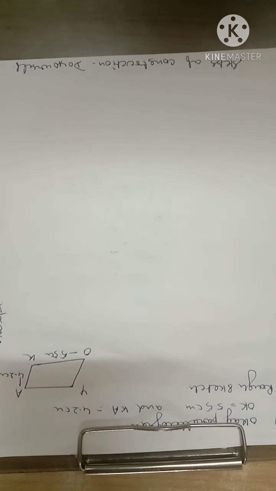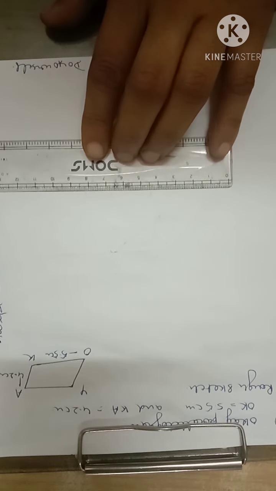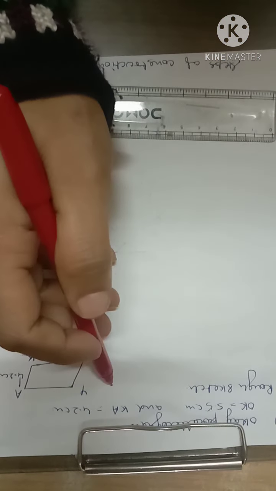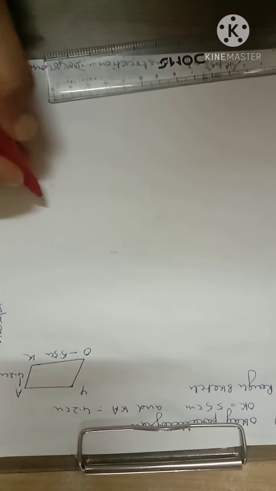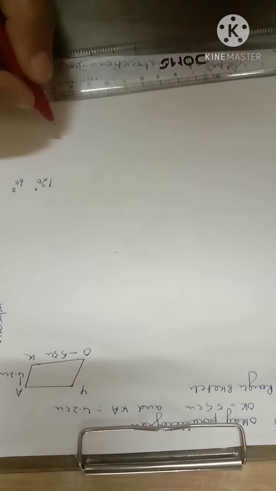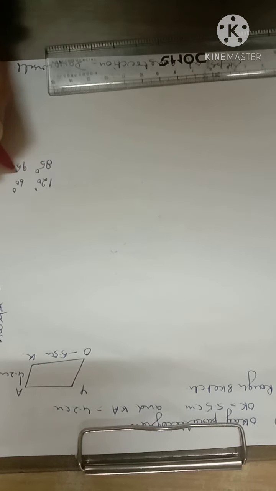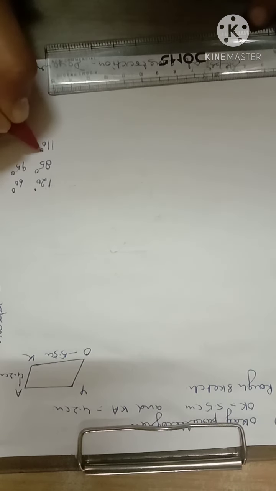But in this question, we know that in a parallelogram, adjacent angles sum to 180 degrees, but here the angle is not mentioned, so that's why it is not unique. Someone can take 120 degree and 60 degree, another one can take 85 and 95. Clear? Another one can take 110 and 70.